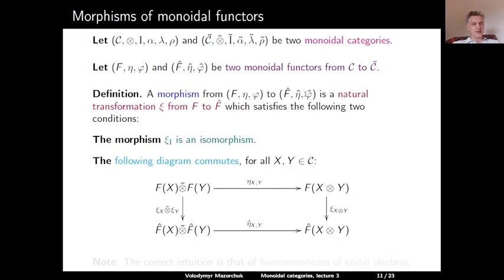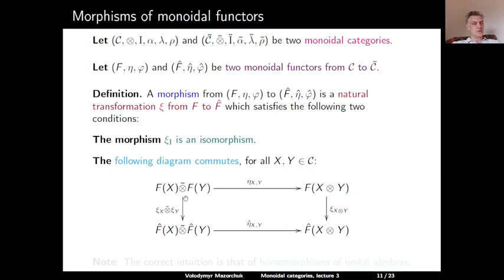So we start with the tensor product of F of x and F of y. We can apply eta to go to F applied to the tensor product of x and y. And now we can evaluate psi at x tensor y and go to F hat applied to x tensor y.